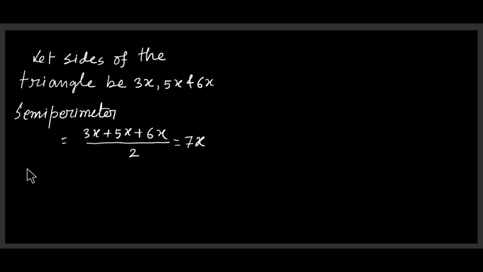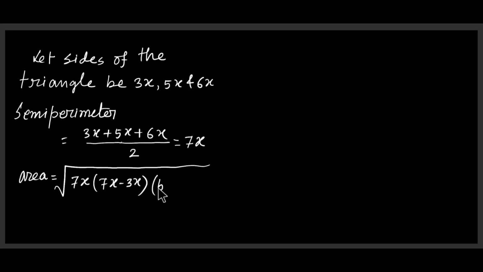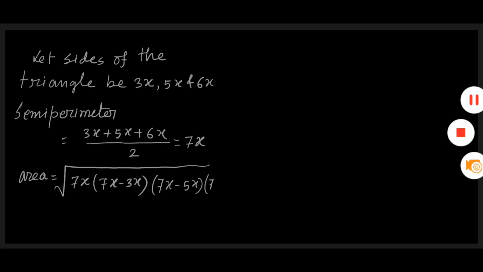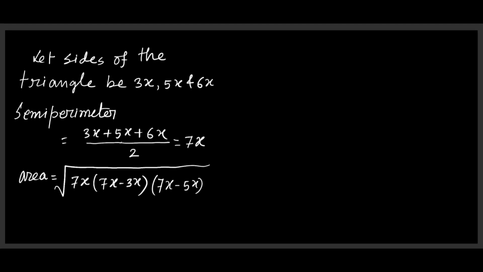Now applying Heron's formula to find the area of the triangle, and it is root over 7x into (7x minus 3x) into (7x minus 5x) into (7x minus 6x).